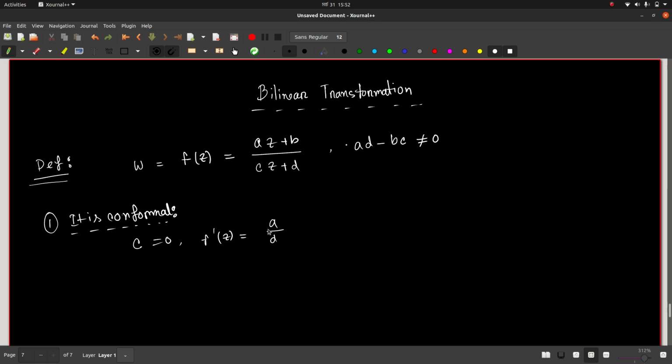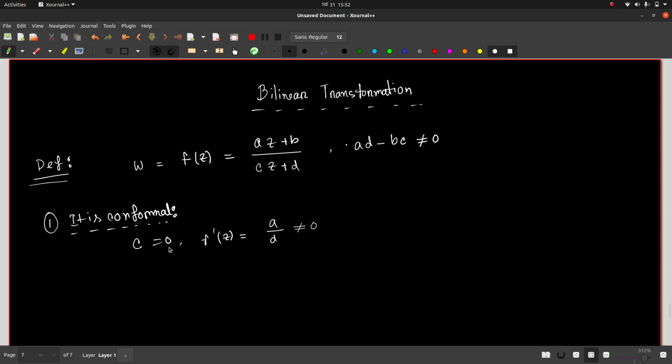This will give you a by d, that is the derivative of this function. And note that this is not 0, so this is conformal. Why? Because if c is 0, then ad is not equal to 0, so a by d cannot be 0.